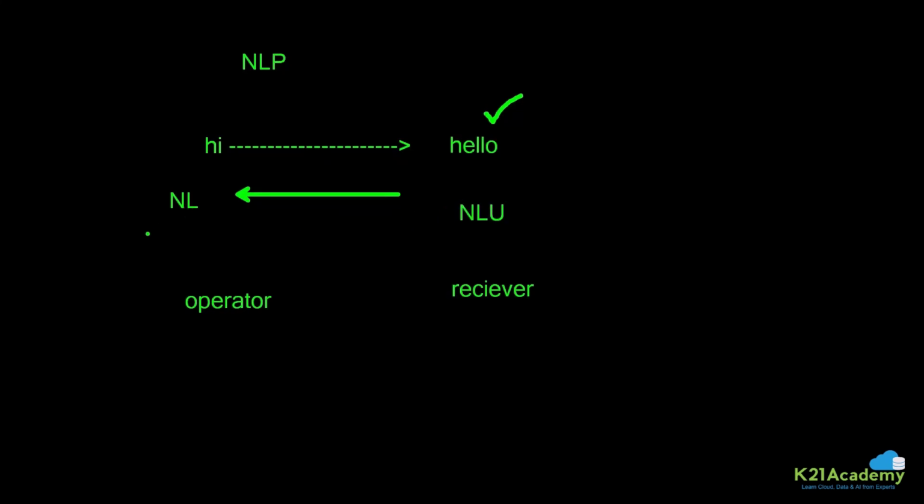Here we had a natural language that was being understood by the receiver, and then there is going to be a response back. There was a request, wherein a person said hi, this request went to the receiver. He, or she, or the system was able to understand and then give a response back. Simple. And this whole process is what we call natural language processing.